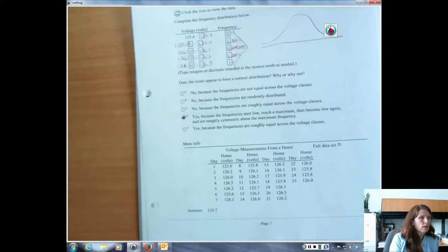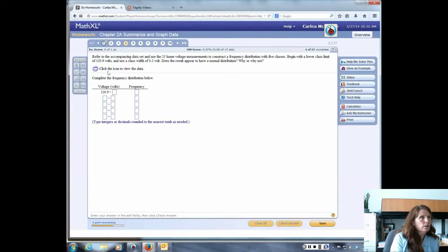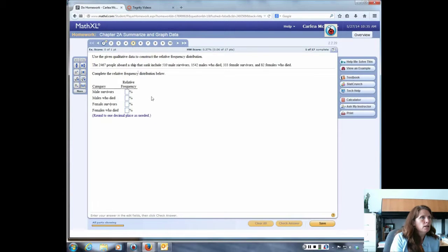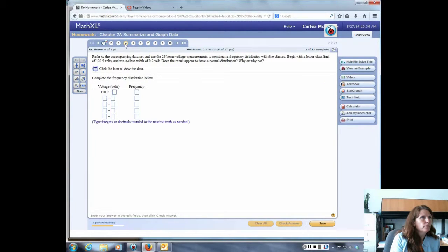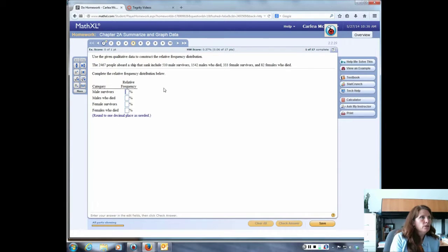All right, let's go back here. Okay, use the given qualitative data to construct the relative frequency distribution. 2,467 people aboard a ship that sank include 510 male survivors, 1,542 males who died, 333 female survivors, and 82 females who died.